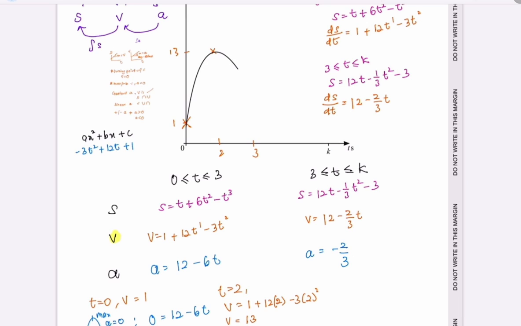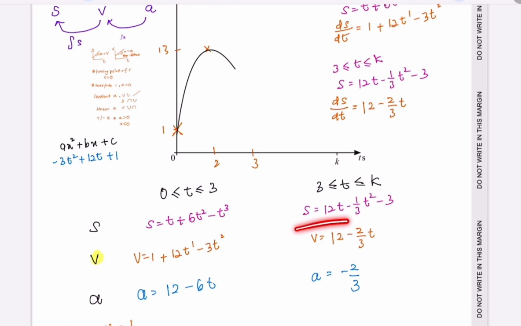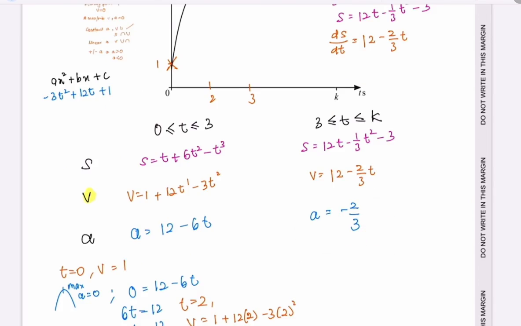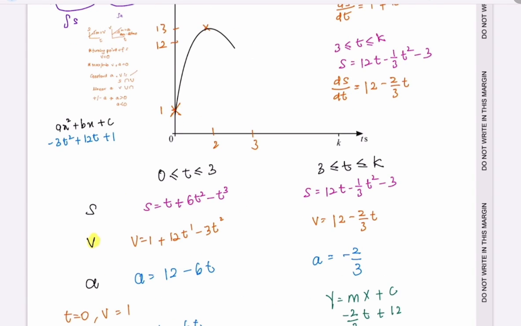Now we've finished the first part. Let's do the second part. We want to plot v. From this pattern, we know it's a straight line graph, y equal to mx plus c, where m is negative 2 over 3 and c is 12. 12 is where it cuts the axis. This is a negative gradient, so it's going to look something like this.